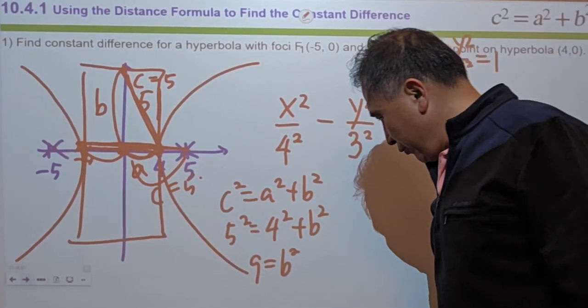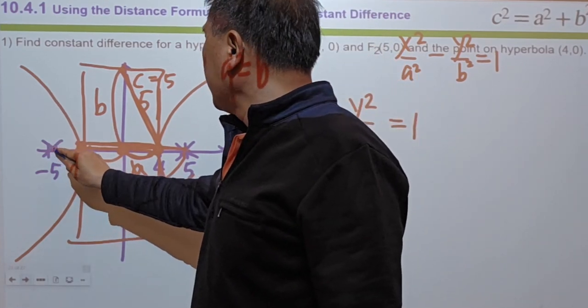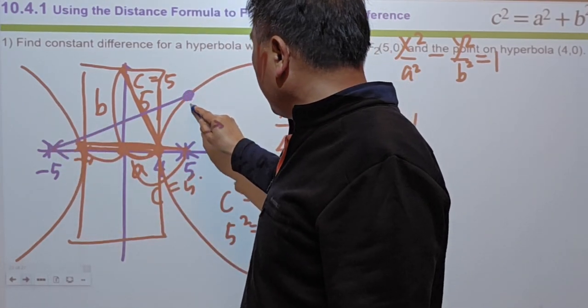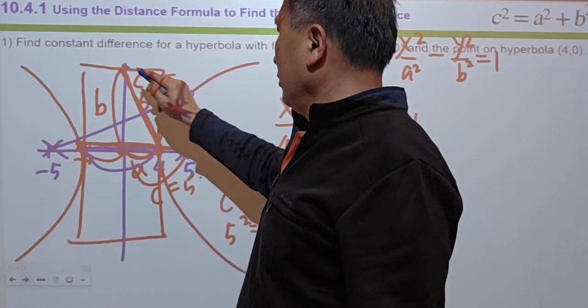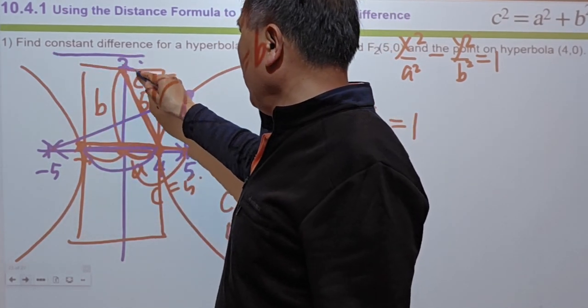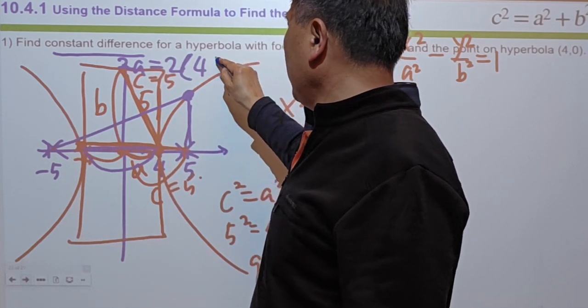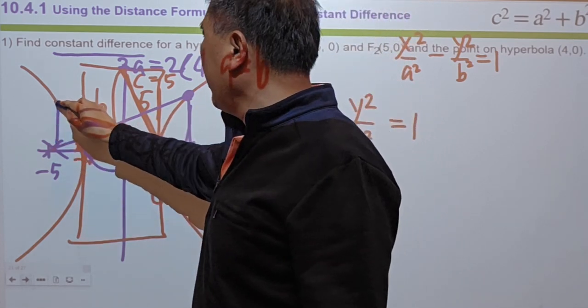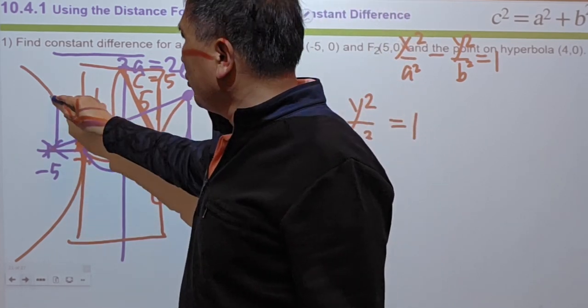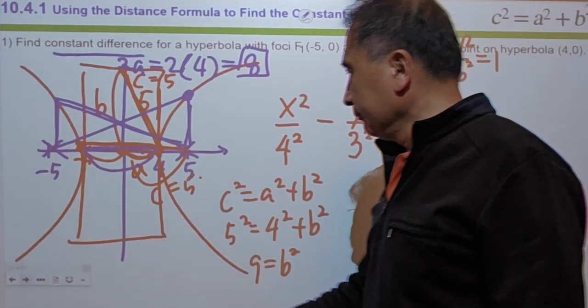And then the constant difference, which is what they're asking: the definition of the hyperbola is this distance minus that, which is always 2a. So 2a, with a as 4, so the constant difference is 8. Anywhere at that point, this one minus that will be 8.